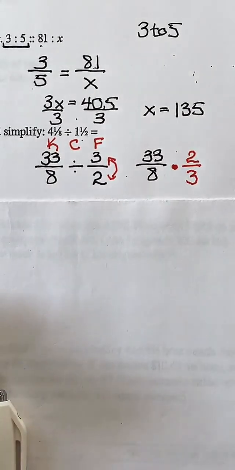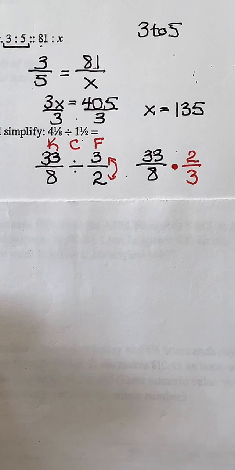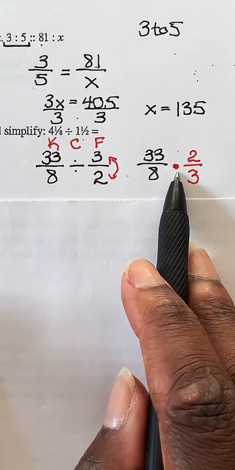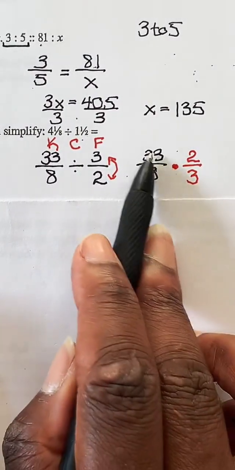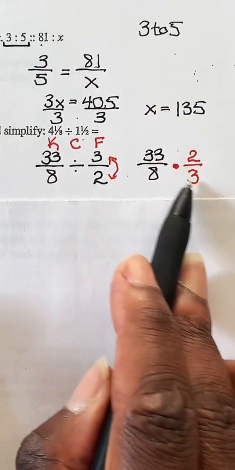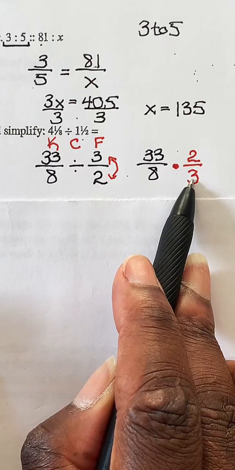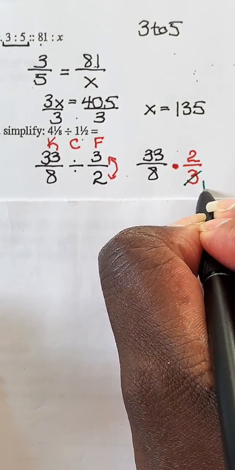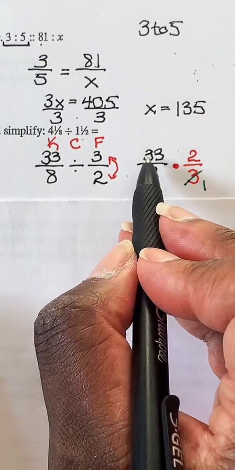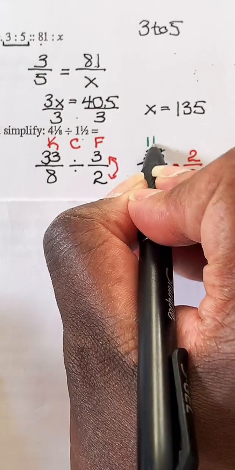Now I forgot who said, how do you cross simplify? We're going to do that right here. Right in the middle it's multiplication. On the diagonals, the 33 and the 3 can be reduced by 3. 3 divided by 3 gives me 1, and 33 divided by 3 gives me 11.